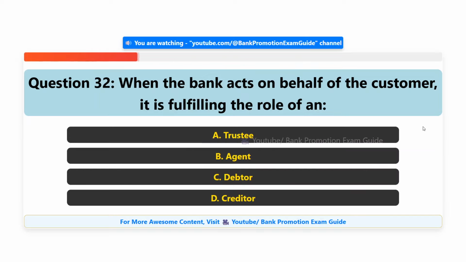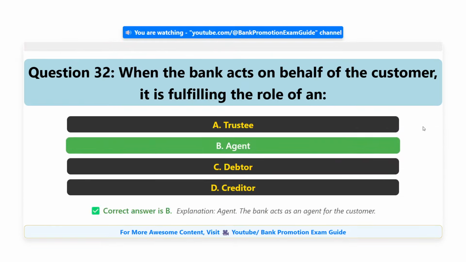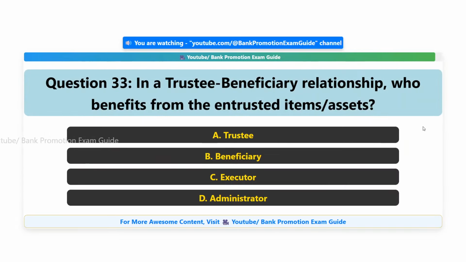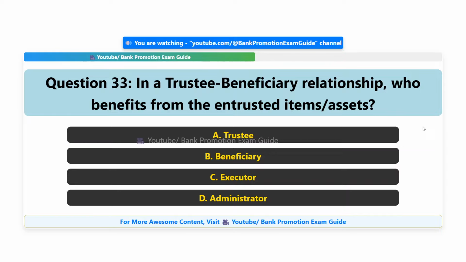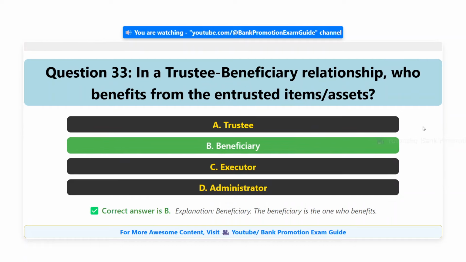Question 32. When the bank acts on behalf of the customer, it is fulfilling the role of an agent. The bank acts as an agent for the customer. Question 33. In a trustee-beneficiary relationship, who benefits from the entrusted item's assets? Beneficiary.